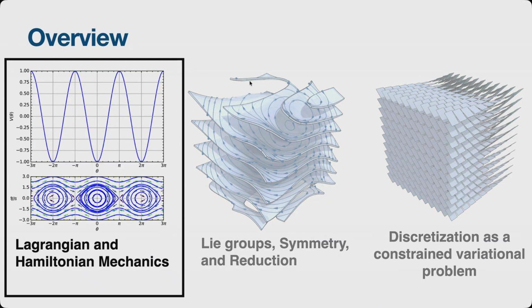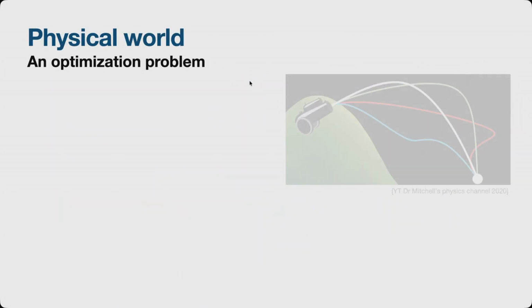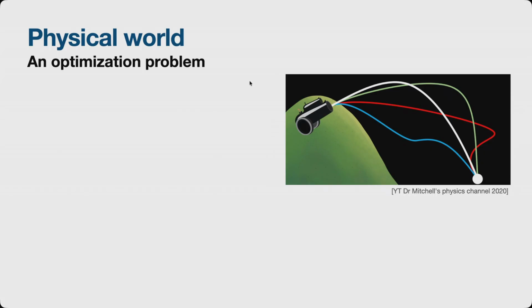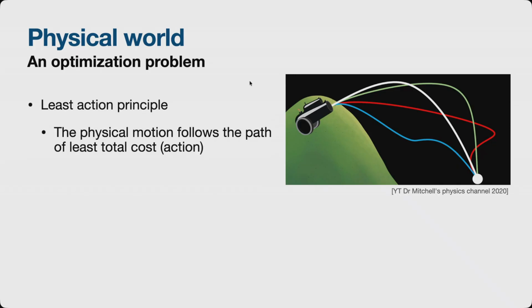Okay, we're going to start with Lagrangian and Hamiltonian mechanics. Let's get into it. Let's try to have a mental picture first. Imagine you want to shoot a cannonball. How do you shoot a cannonball out of a cannon? We know that when we want to shoot a cannonball, the trajectory probably wouldn't follow the blue trajectory or the red trajectory. It should be somewhat the yellow/white one in the middle.